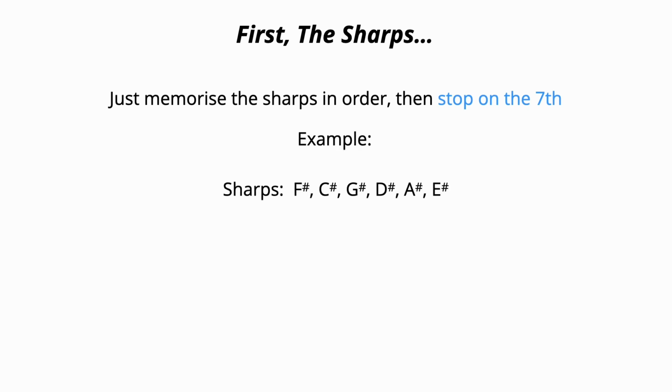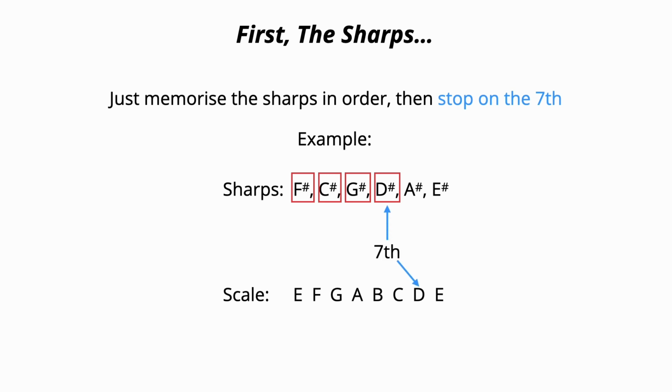Our pattern of sharps is F, C, G, D, A, E, all sharp. If we look at the E major scale, we simply recite this pattern, F, C, G, D, but stop here at D because D is our 7th. So if we then put our sharps in the scale, F, C, G, D, we're left with our E major scale.